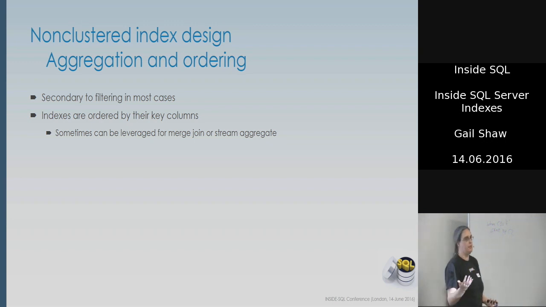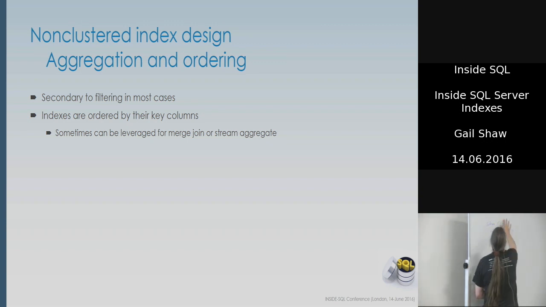Sorts are expensive operations. If, however, there's an index which results in the data coming out already sorted, you can get a nice cheap stream aggregate instead of the rather more expensive generate a hash table, hash all my data into the hash table so that I can do my aggregation. Just bear in mind, this does not work as soon as you've got an inequality.